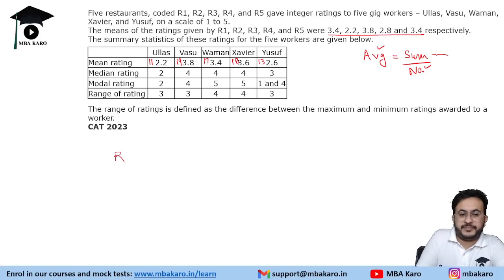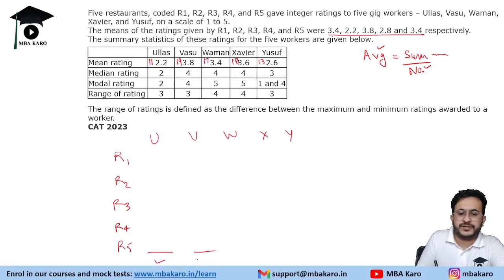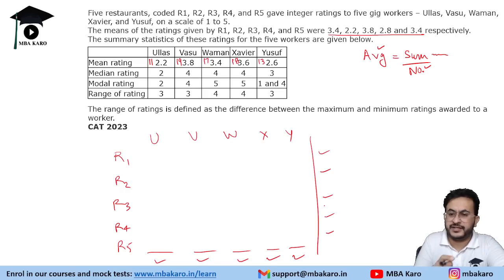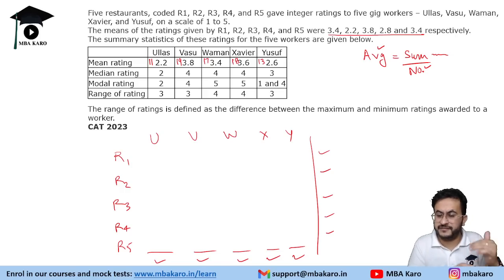So one had to make a table like this: R1, R2, R3, R4, R5, and U, V, W, X, Y. So this total is known to us, and these totals were known to us. So totals were given. There were a couple of conditions also in which the values were given to us, right?